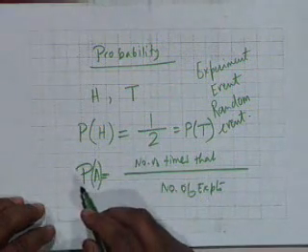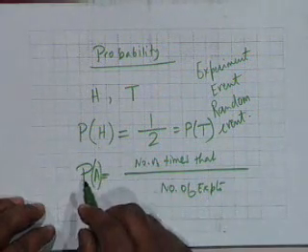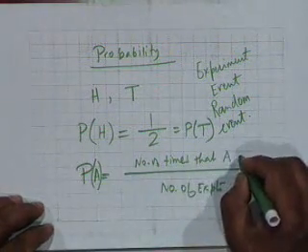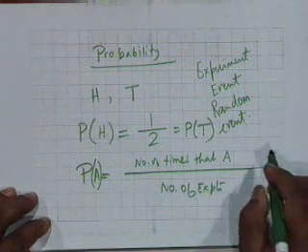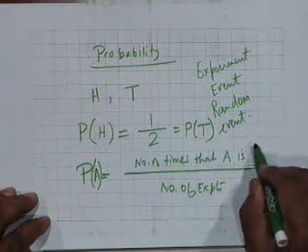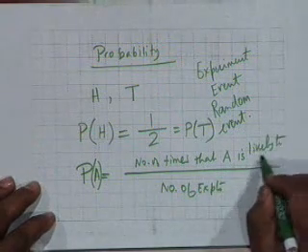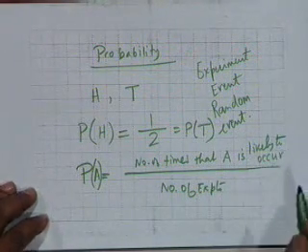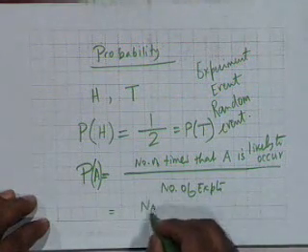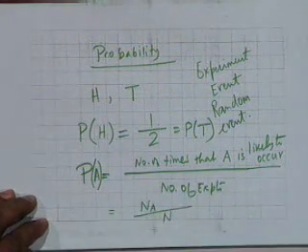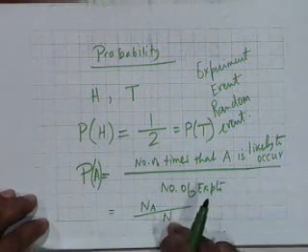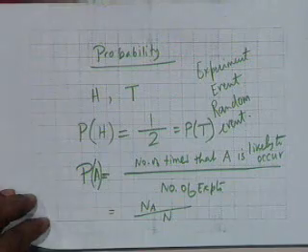Now we use a capital P of A, that means probability that an event A occurs is the number of times that A is likely to occur. We do not actually measure the number of times that it actually occurs, it is likely to occur or expected to occur, all right. So, let us call this N_A divided by N. N_A is the number of times that A is likely to occur, and capital N is the number of experiments performed.